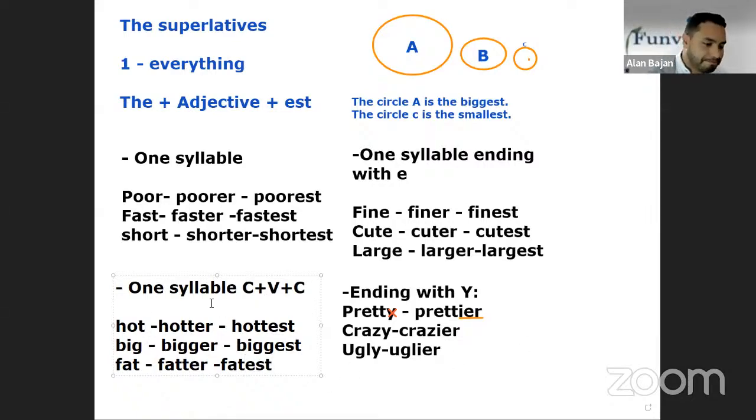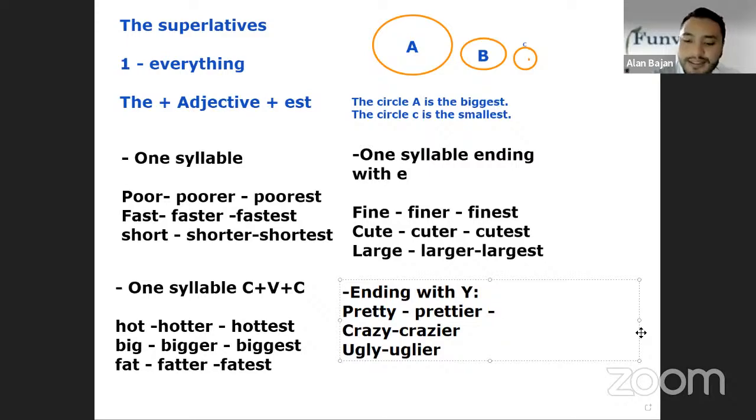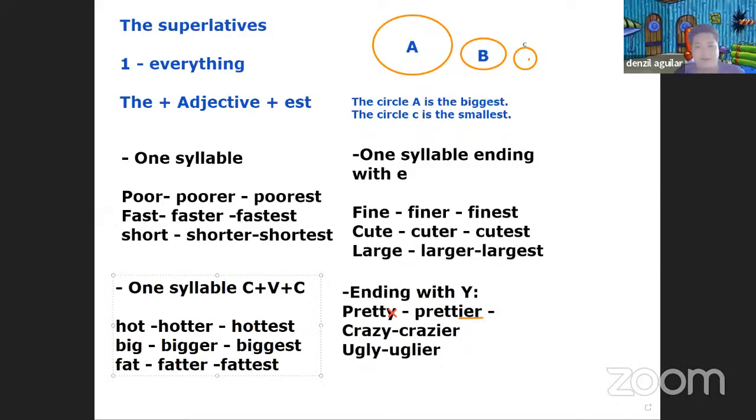Not a double T in fatter, I mean the fattest, only one T. Sorry, I ate the other T. Yeah, fattest, double T. Thank you, Denzil. Fattest, double T. Double G in biggest. And double T in hottest too.